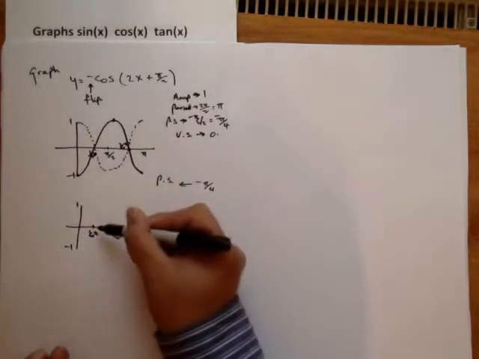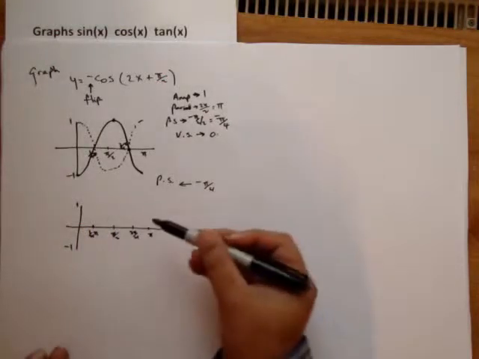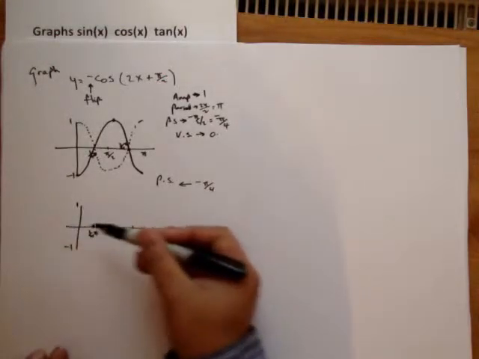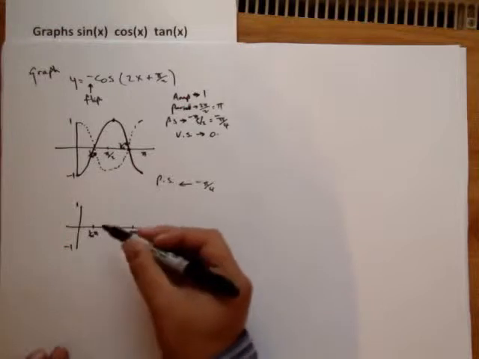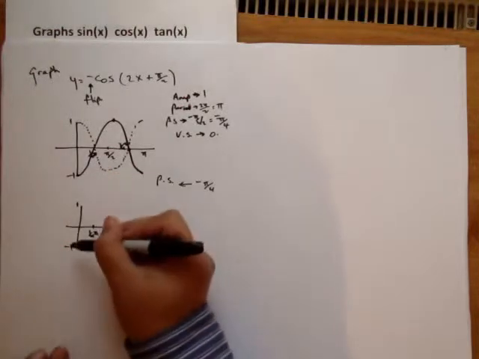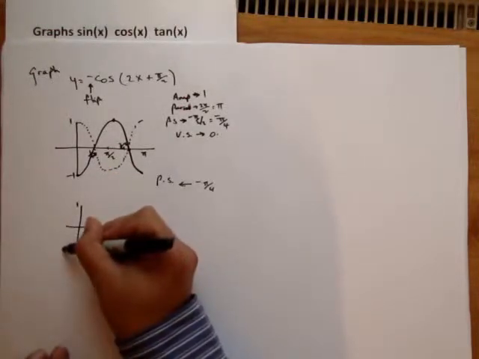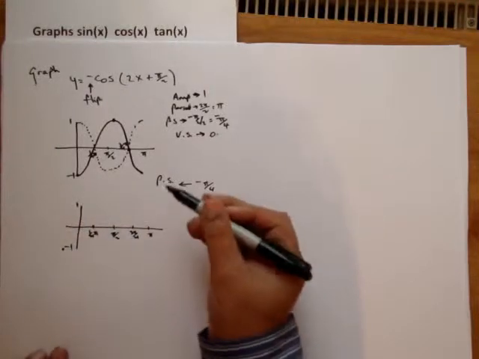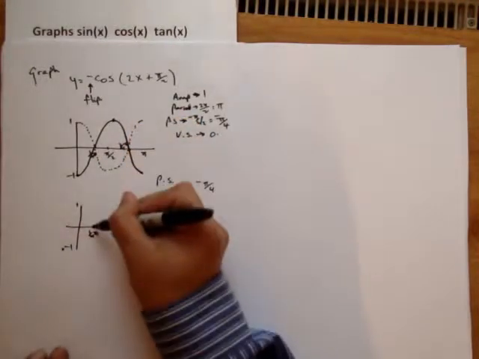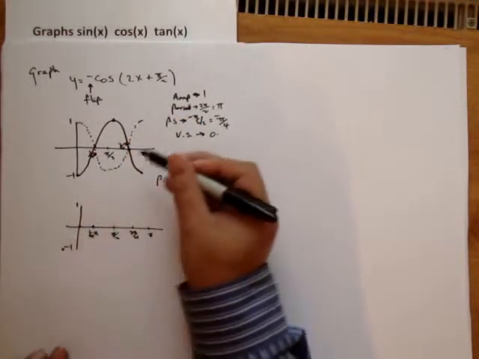So we're going to shift everything in this direction. So this point will move 1/4 pi that way. This quarter point will move that way.